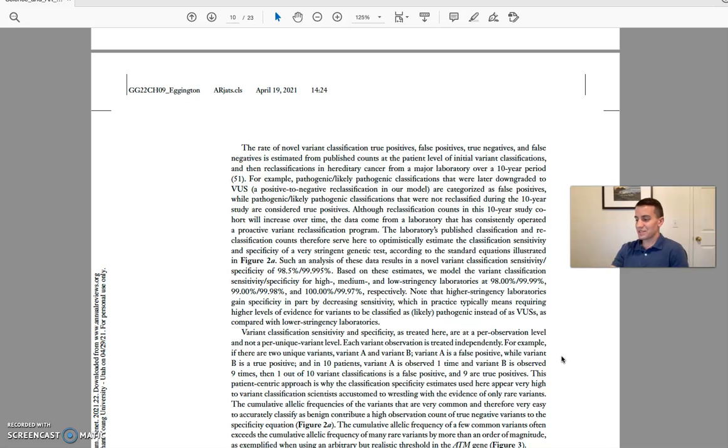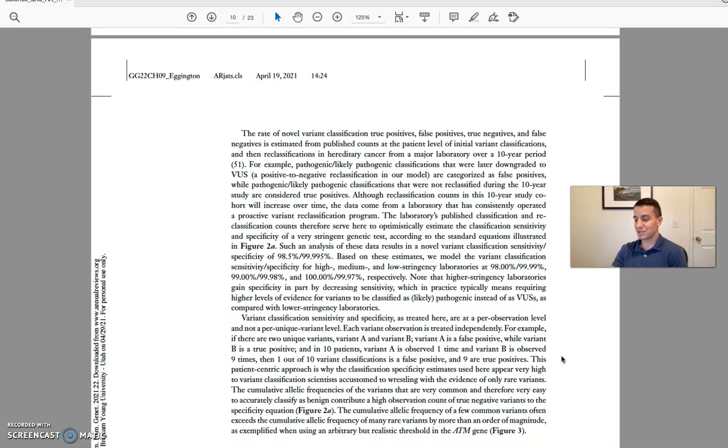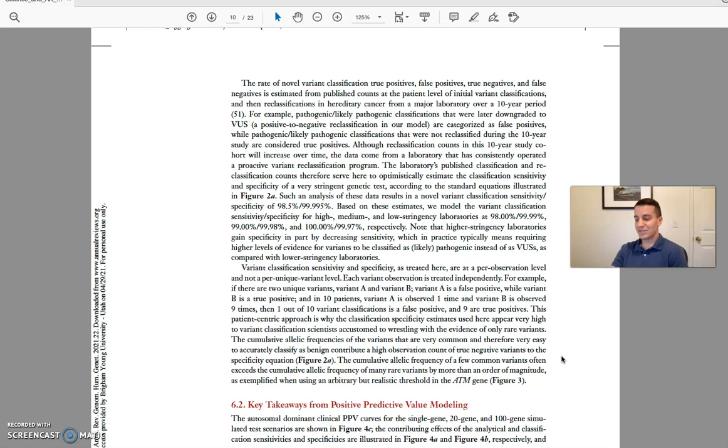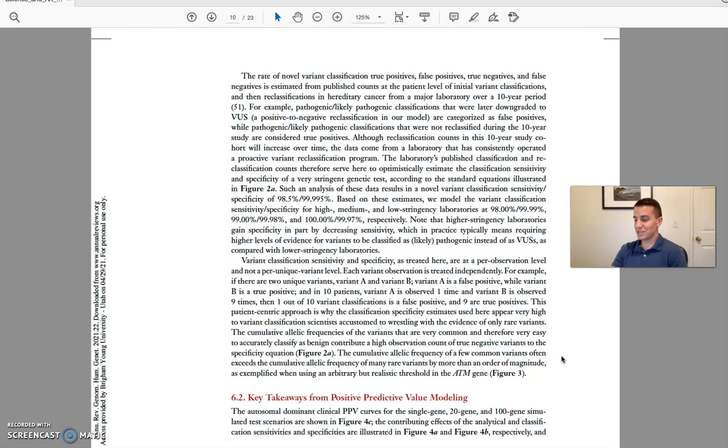Note that higher stringency laboratories gain specificity in part by decreasing sensitivity, which in practice typically means requiring higher levels of evidence for variants to be classified as pathogenic or likely pathogenic instead of as a VUS, as compared with lower stringency laboratories.